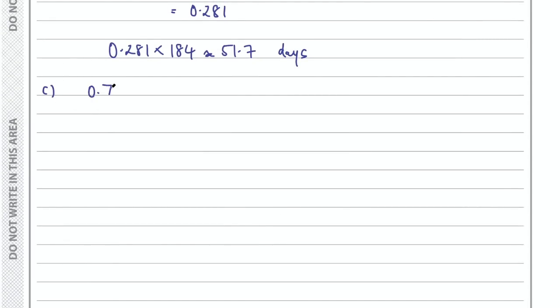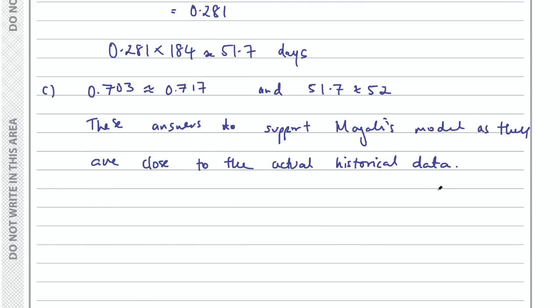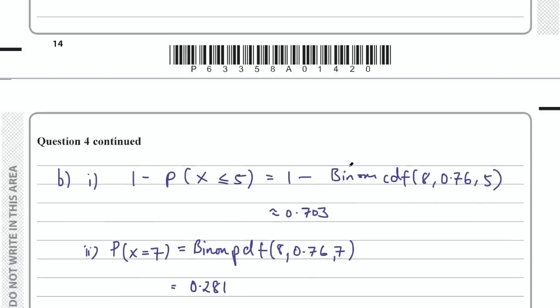So 0.703 is approximately 0.717, and 51.7 is approximately 52. So these answers do support Magali's model as they are close to the actual historical data. Okay, that was part C.